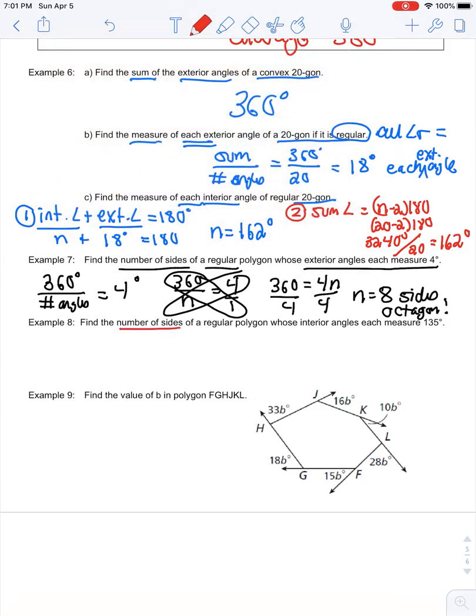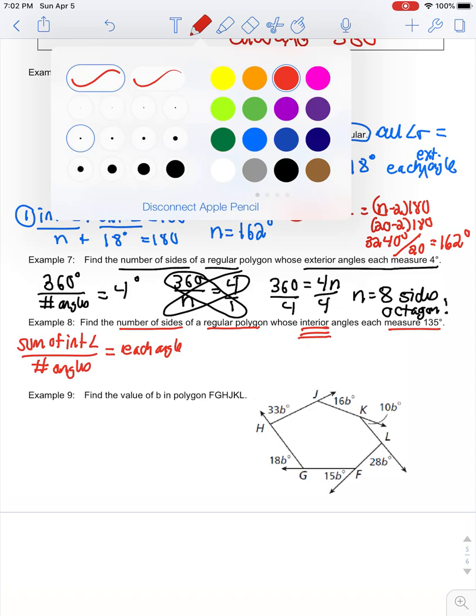Find the number of sides of a regular polygon whose interior angles each measure 135. So now we're going back to what we know about interior angles. For interior angles, we will have to find the sum of the interior angles, divide by the number of angles, and that will give me the measure of each angle.